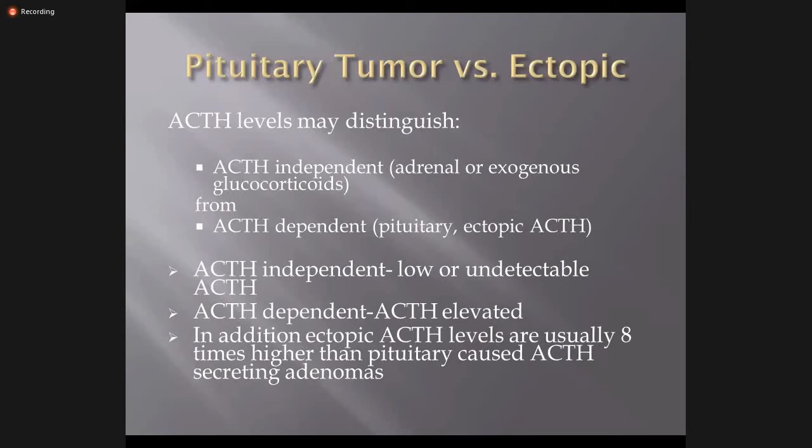While in ACTH dependent, the ACTH level is high, and moreover in an ectopic ACTH source, the ectopic secretion of ACTH is 8 times higher than in a pituitary ACTH adenoma.